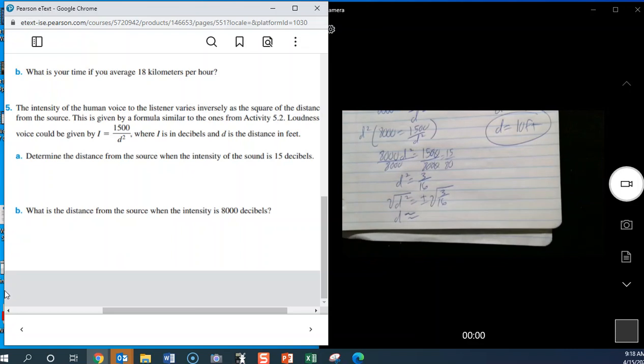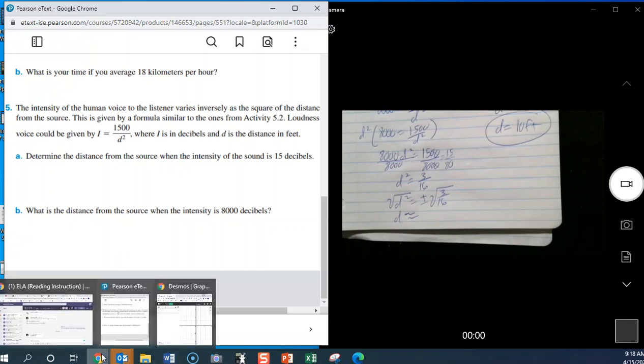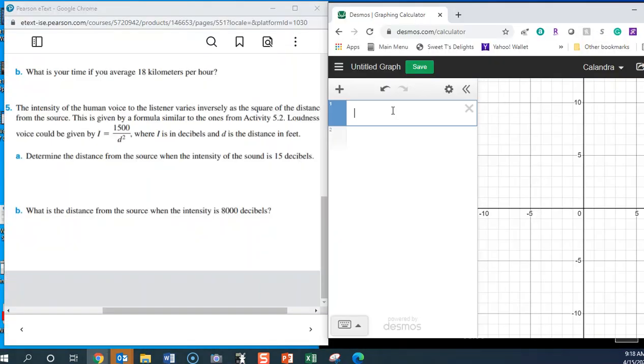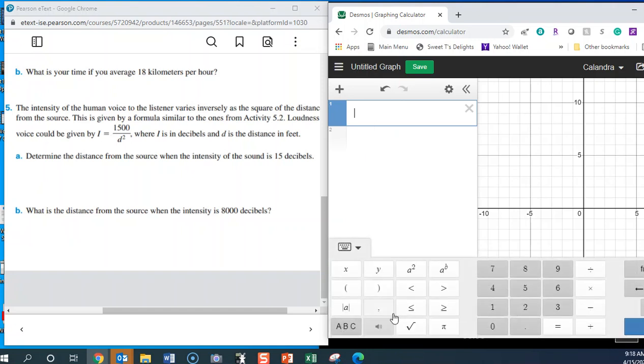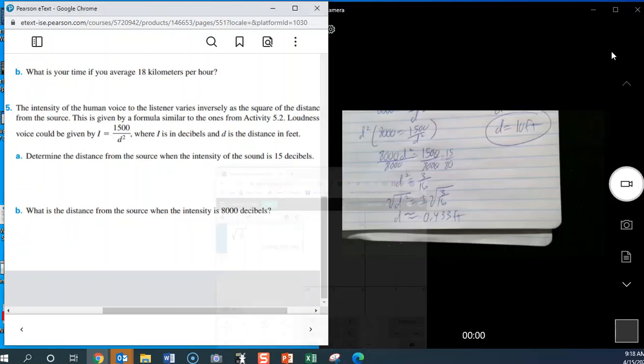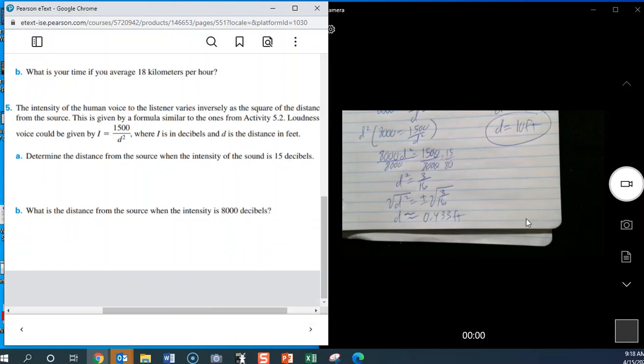So we'll get our calculator really quick. We'll take the square root of 3/16, and that rounds to 0.433 feet. And we're done with that problem.